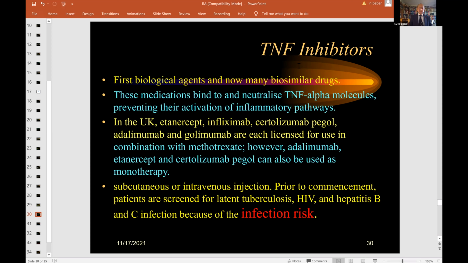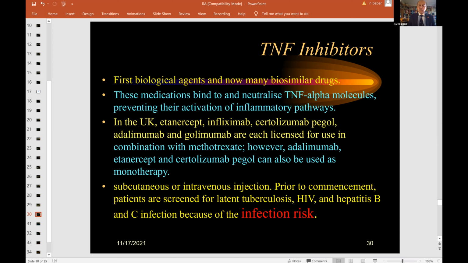The biologics include tumor necrosis factor inhibitors, and that was the first biological agent. They neutralize TNF alpha molecules, and in the UK, etanercept, infliximab, certolizumab pegol, adalimumab, Humira, and golimumab are licensed for use, usually in combination with methotrexate.